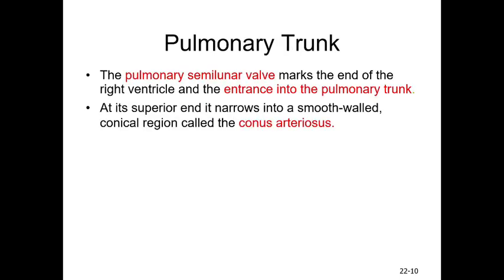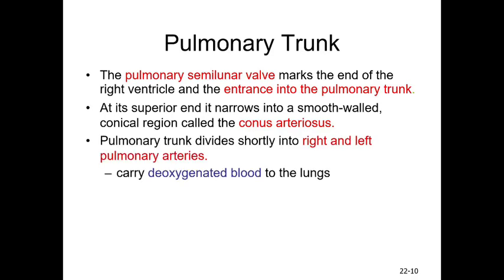As the right ventricle contracts, the blood will now be pushed into the pulmonary trunk. It'll get to the pulmonary trunk by passing through another valve, the pulmonary semilunar valve. You'll also have it referred to as the pulmonary valve or the pulmonic valve.